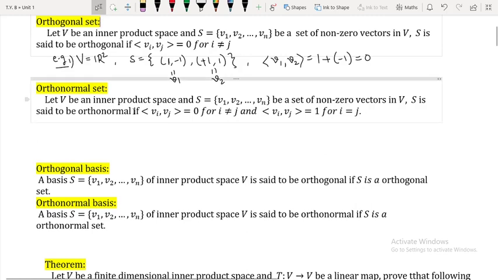Means this orthonormal set is an orthogonal set, but in addition to it, inner product of vi with vj should be equal to 1 for i equal to j. Means if you take inner product of the vector with itself, it should come out to be 1 only. Then we will say that it is an orthonormal set.